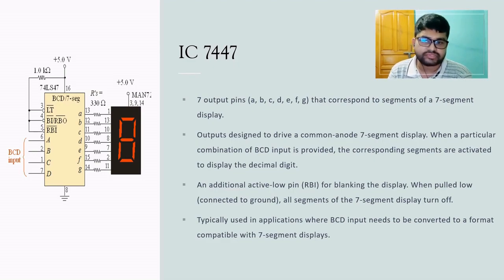In simple terms, it translates the numerical data into a format that is easily readable and interpretable by users. Without IC7447, our voting system would lack the vital link between computation and visual representation.